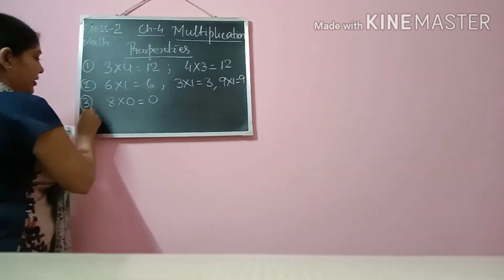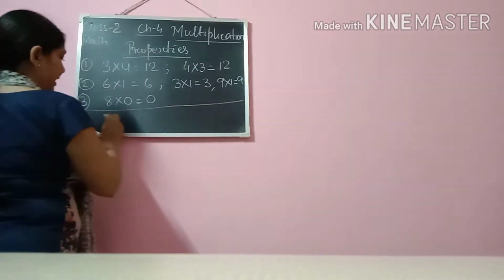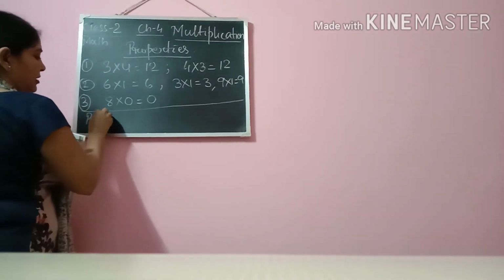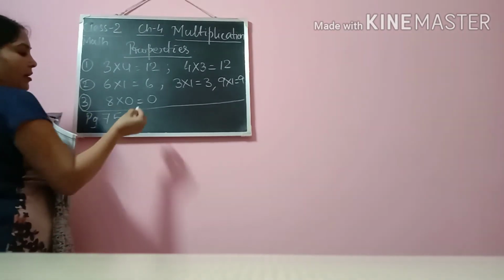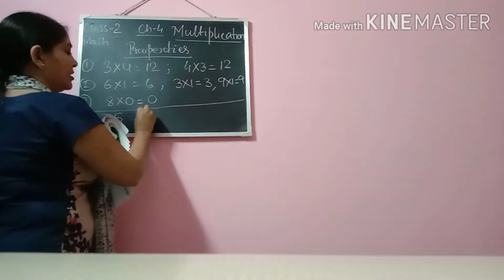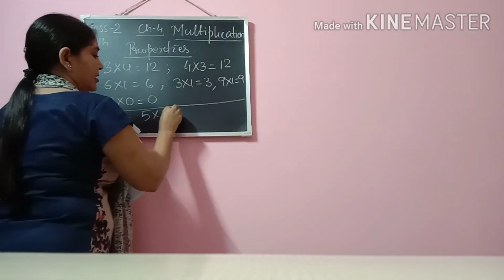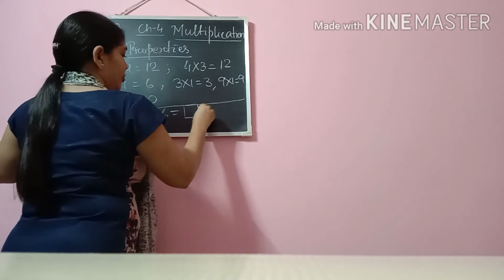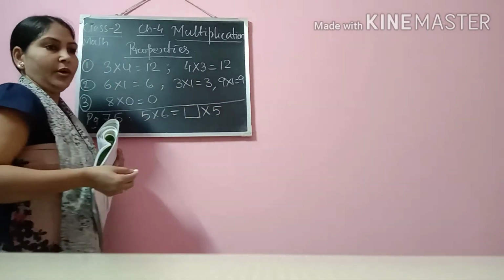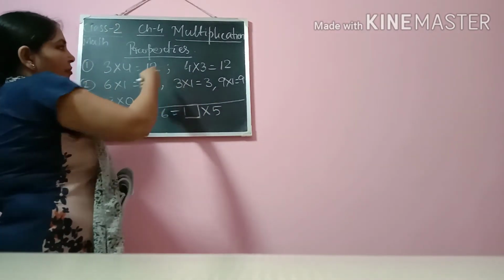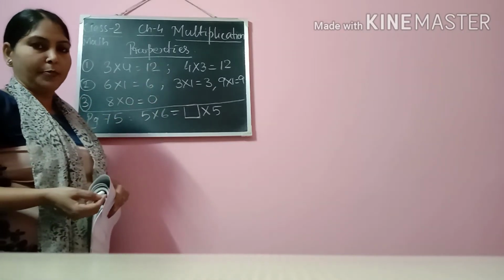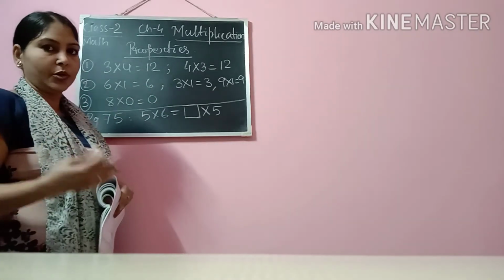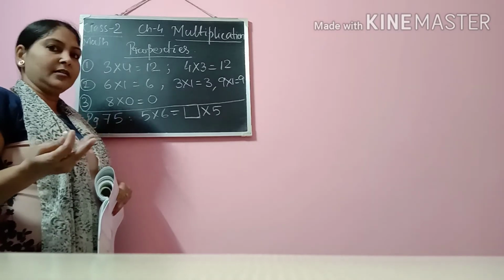See, page number 75. Okay, the first question is 5 into 6 is also equal to dash into 5. So what will be the answer? Just now we have learned from the previous property that if we change the order of the numbers, the product remains the same.